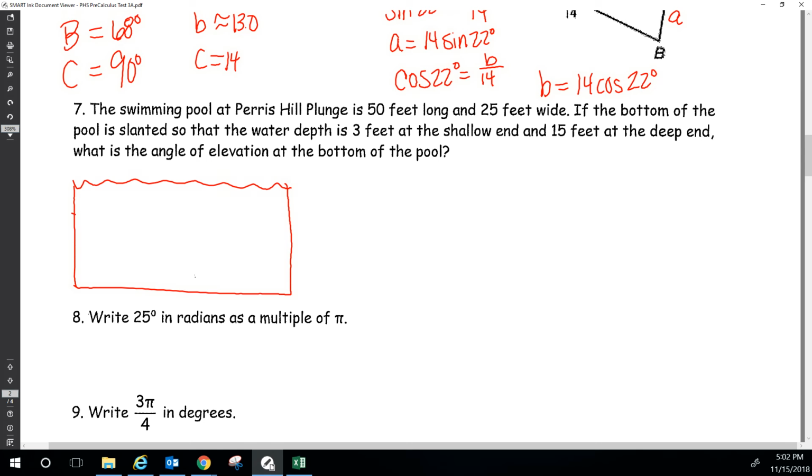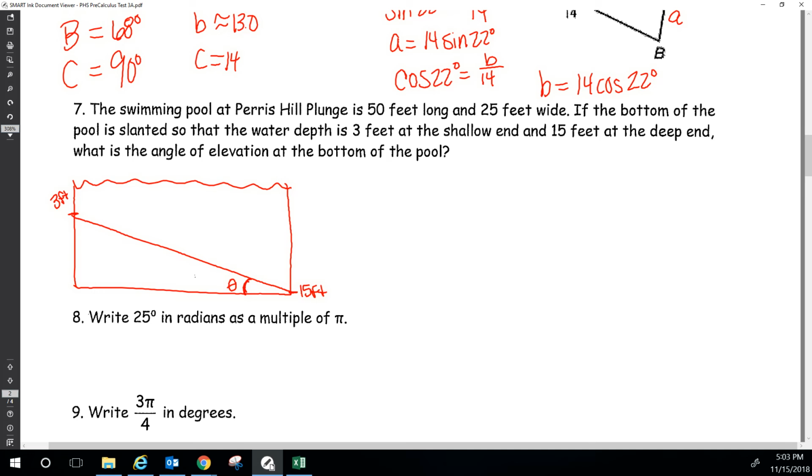We know the height at the shallow end is 3 feet deep. And the height of the water at the deep end, let's call it down here, is 15 feet deep. And so the pool has this absolutely perfect slant to it for the bottom. And they want to know what is the angle of elevation of the pool at the bottom. So we're trying to find this theta here.